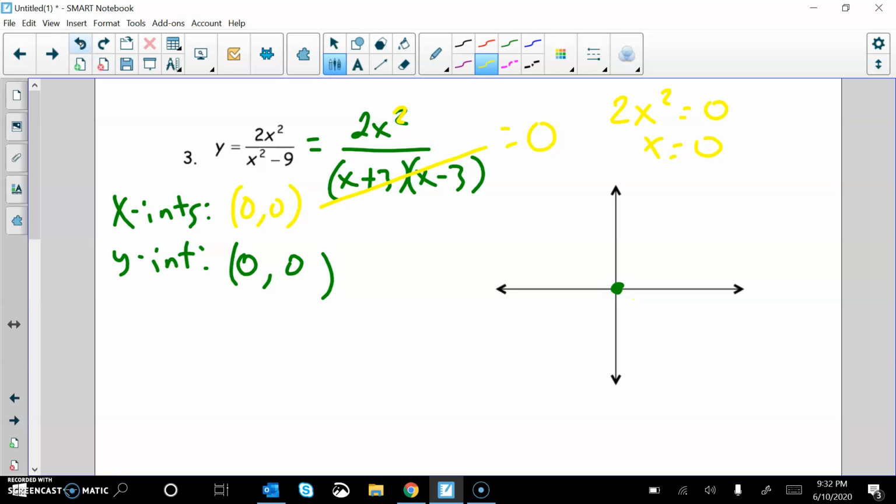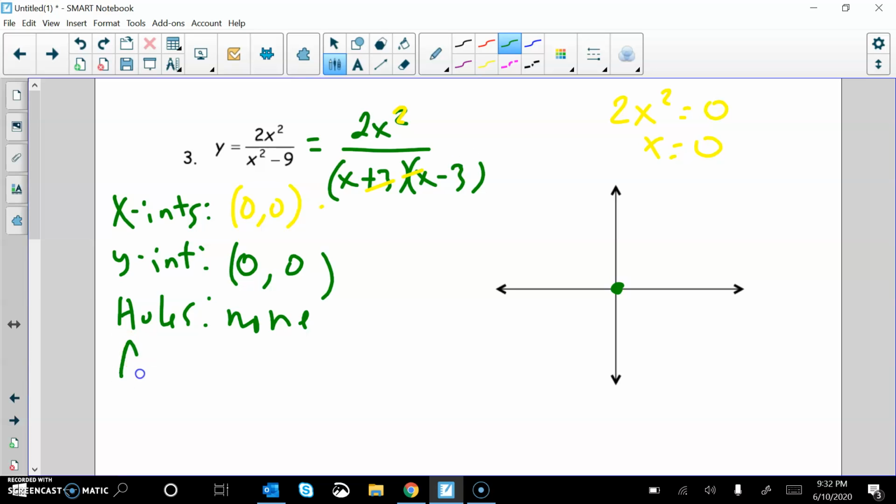So just keep that in mind. All right. So let me clear this out. So we're graphing this guy. None of the factors on the bottom canceled. So because of that, there are no holes in the graph.